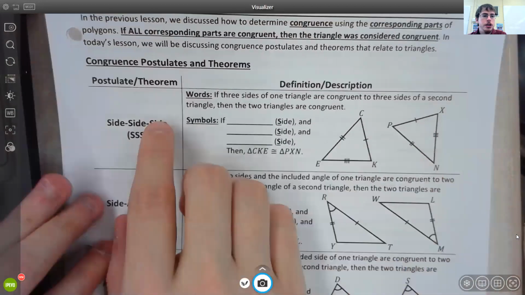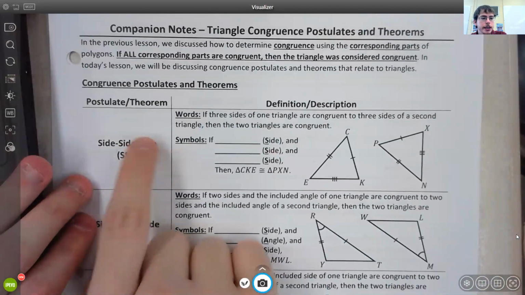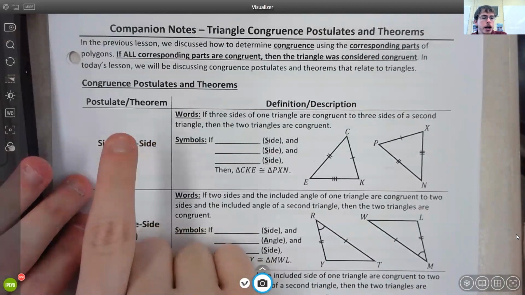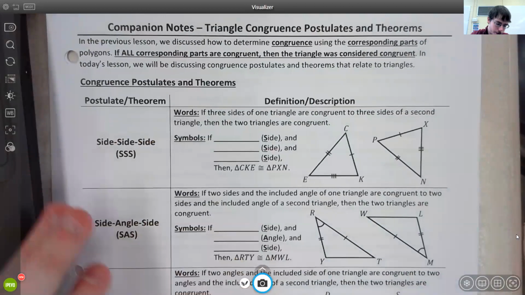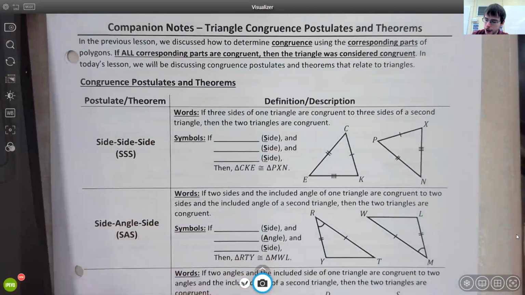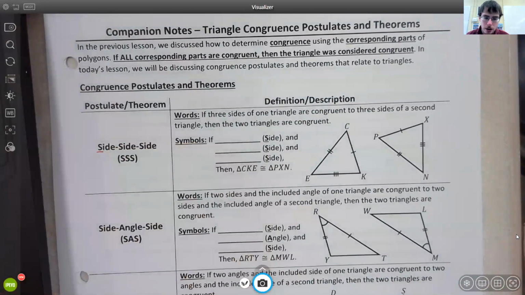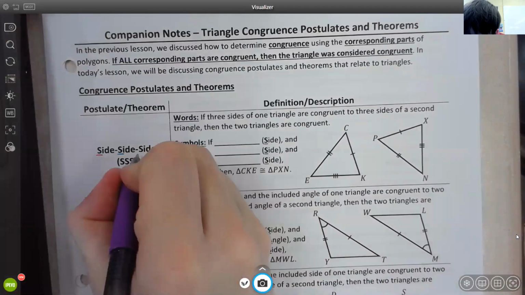So our first postulate theorem we're going to be talking about is called side, side, side. This is the side, side, side postulate, and we abbreviate that using SSS, right? So we have our side, and our side.